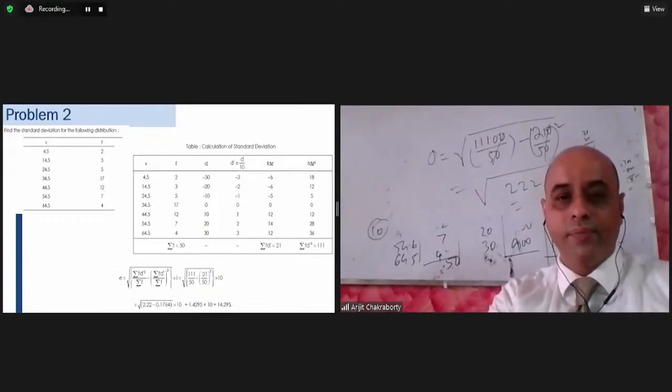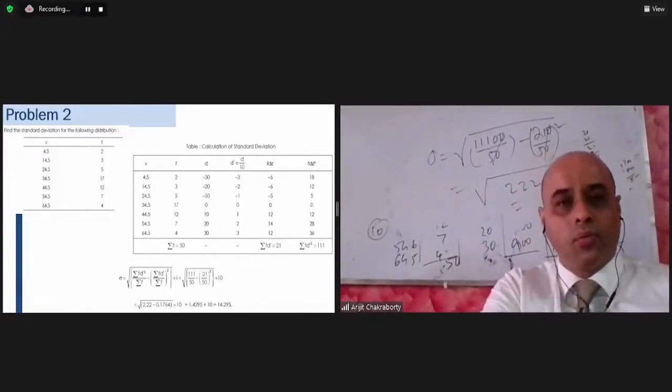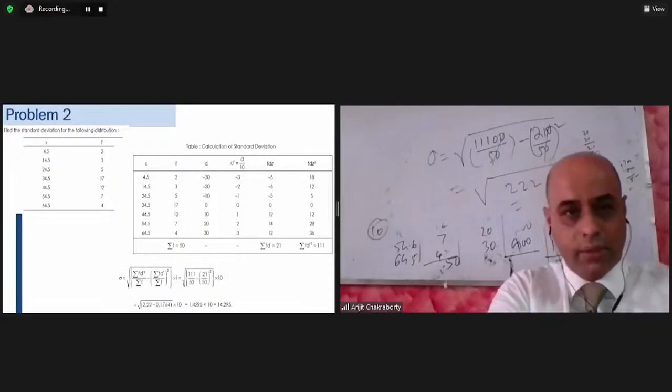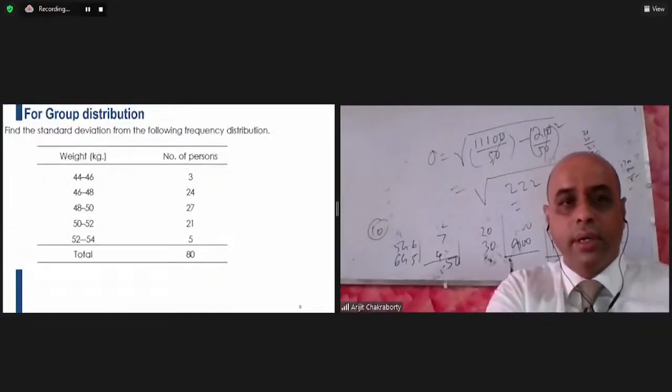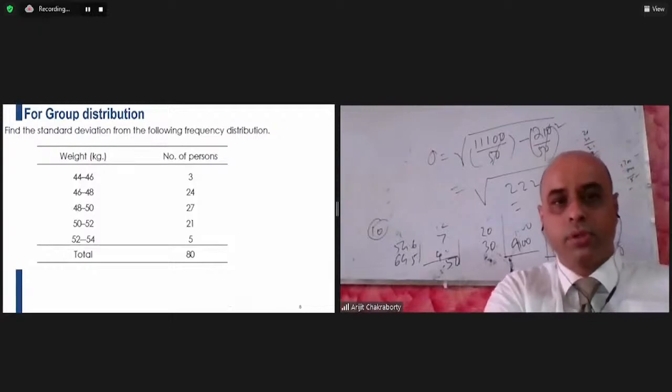Now we will take the next point. So we have tried all possible types of questions for the exam. One type of question is where we don't have any frequency, and the other type is with frequency, like we have handled this question. Now let us take the last category where we have grouped distribution.